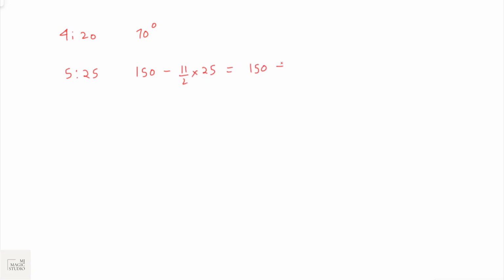That would be 150 minus 275 by 2. Let me write it properly. It would be 275 by 2, that is 150 minus 137.5, and we will get 12.5 degrees.